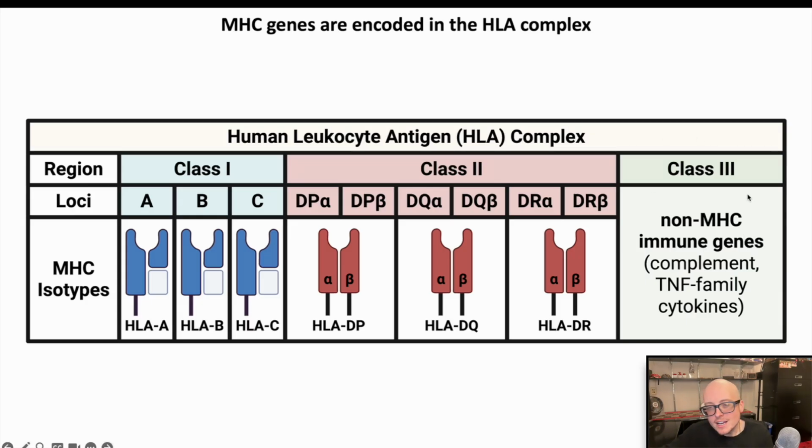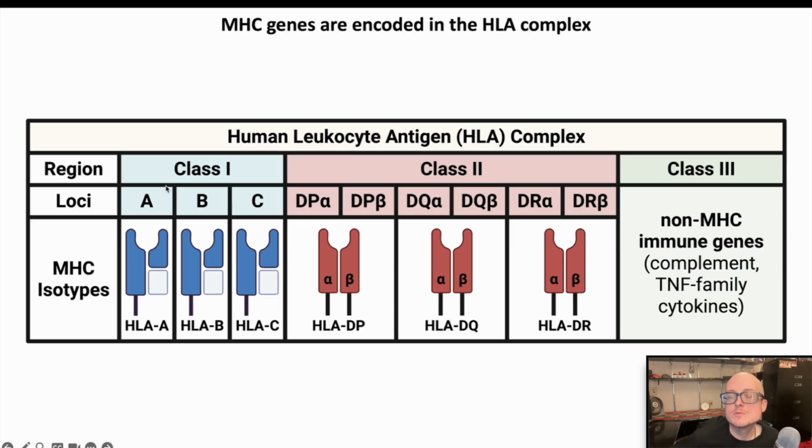Because of that, they are not the focus of our lecture today, but I want to make sure you know that there is a class 3 region, but there's no such thing as class 3 MHC that presents peptide. So we'll focus on the ones that are more germane to the points we want to make today, which are MHC class 1 and MHC class 2, both of which are encoded within the HLA complex within regions that bear their name, the class 1 region and the class 2 region.